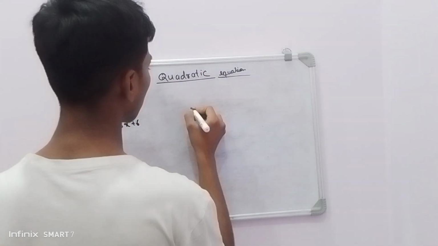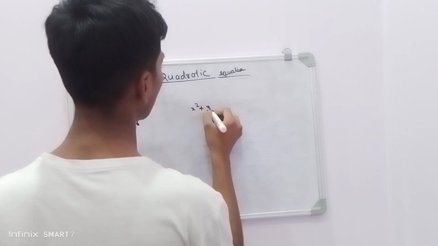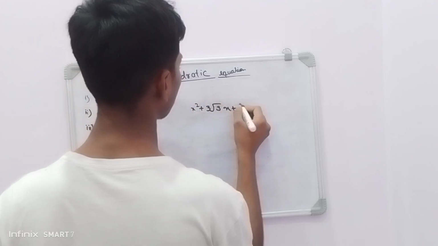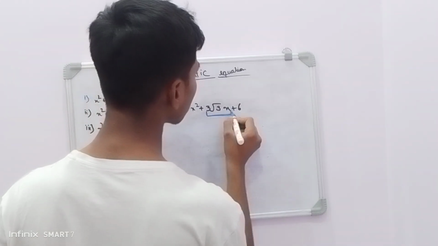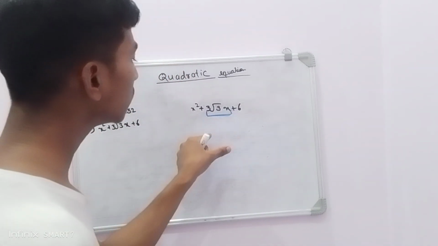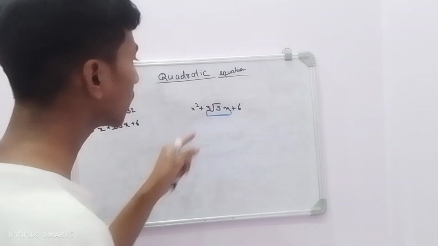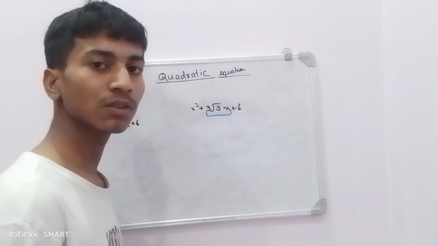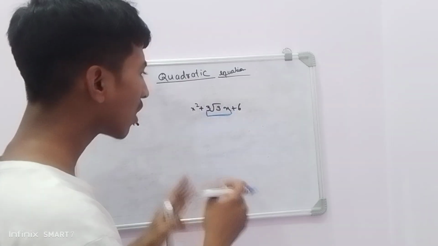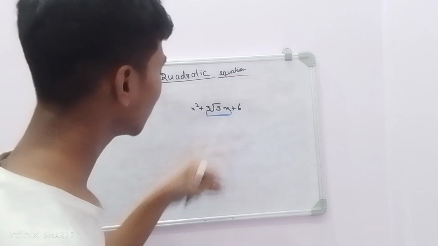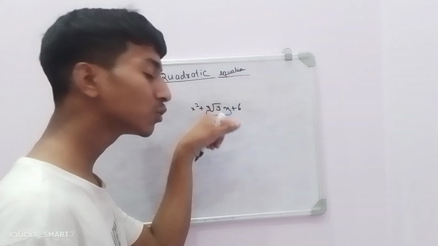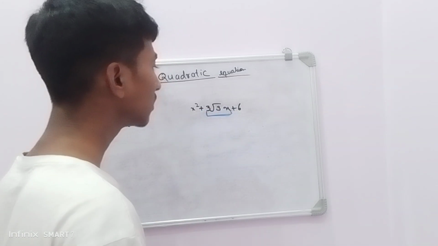Which one is x square plus 3 root 3x plus 6. So you have to split this 3 root 3x such that the sum of those is 3 root 3x, but the product of those is 6. So how could you think over this? The sum of the two numbers is 3 root 3, but the product of those numbers is 6.